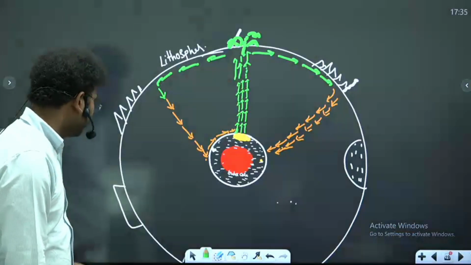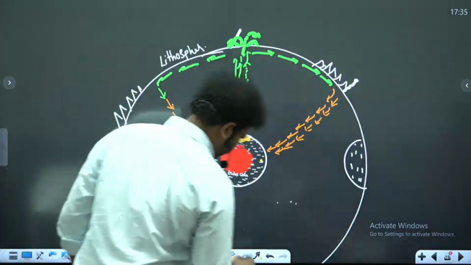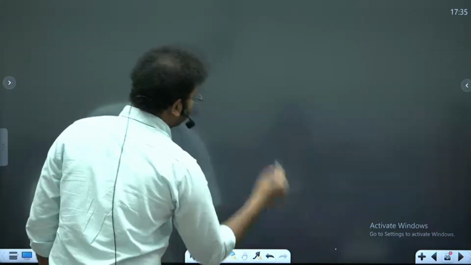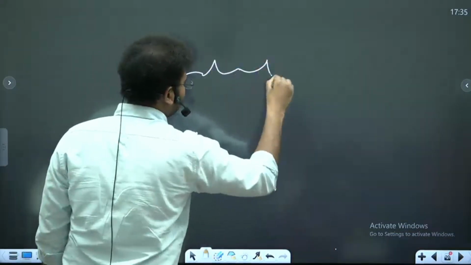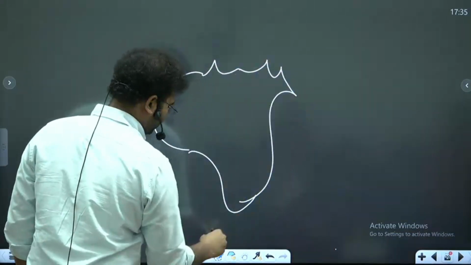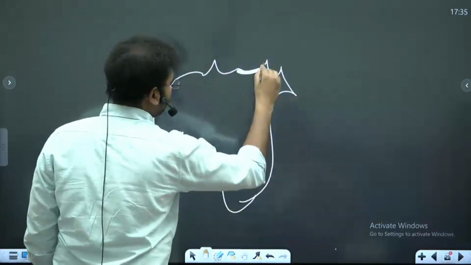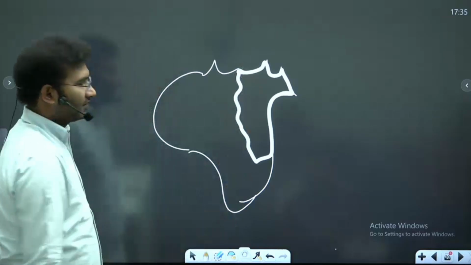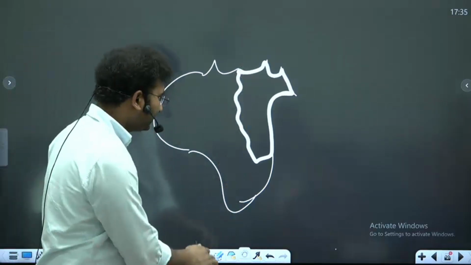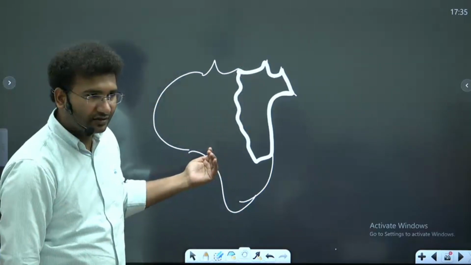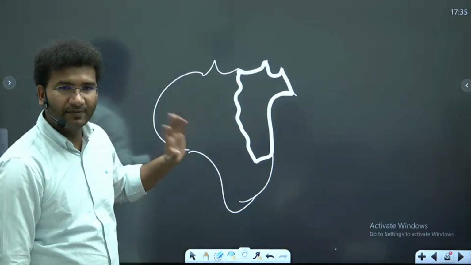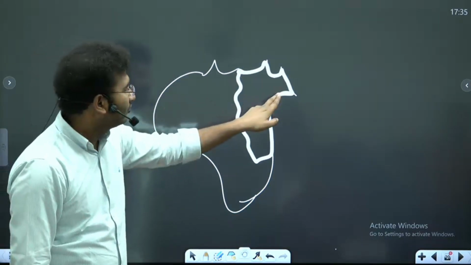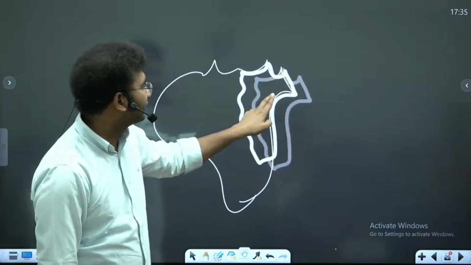To be more specific, I'll draw it here. See, here what's happening is that from beneath the surface of the earth, Africa is getting separated into two parts. Tomorrow, your Africa will have this shape.